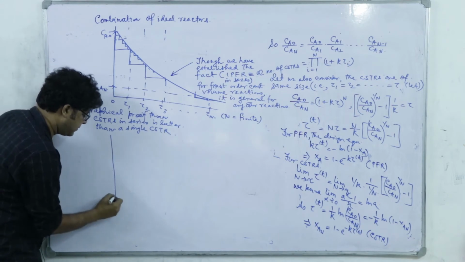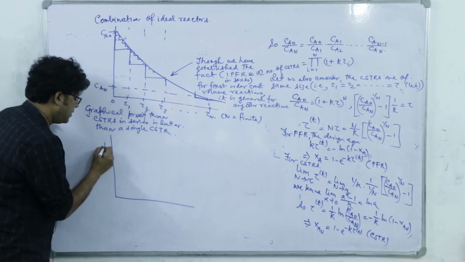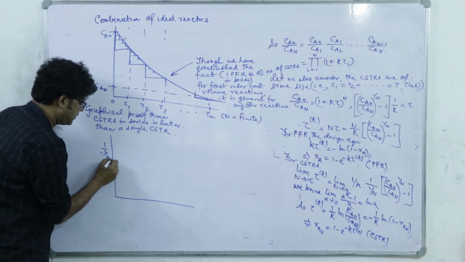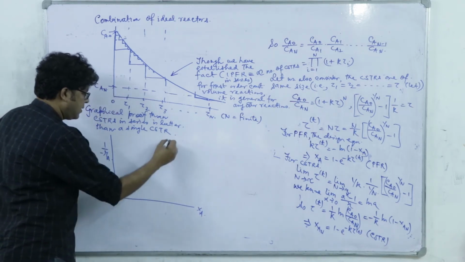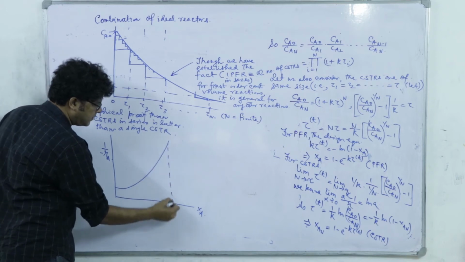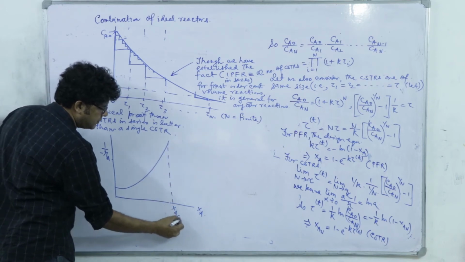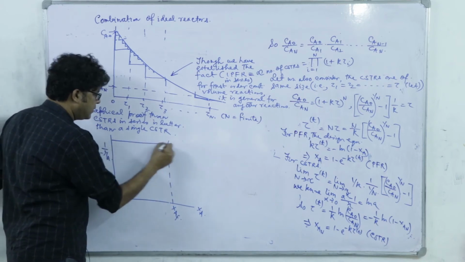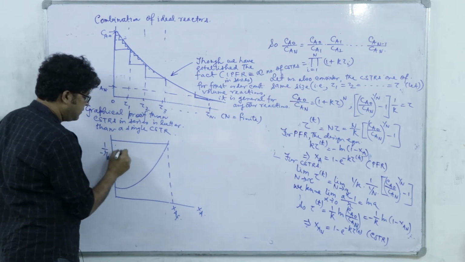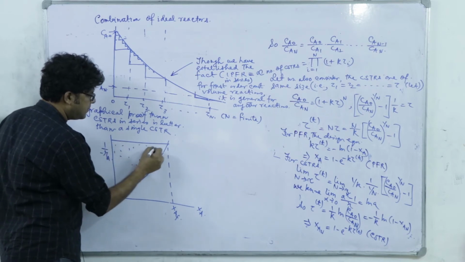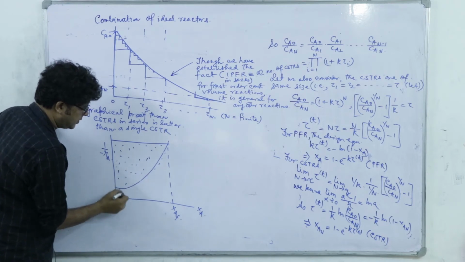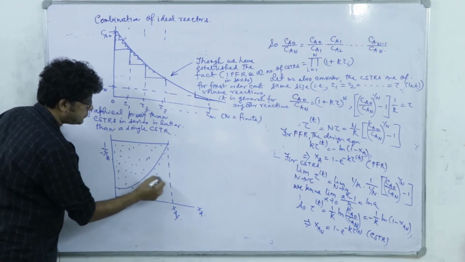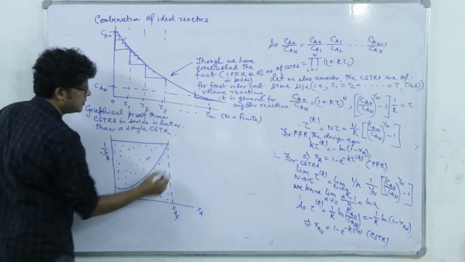Because you see, if I have a positive order reaction, 1 by minus Ra versus Xa, and this is my fixed outlet conversion, then the volume of the single CSTR that we need is proportional to this area.